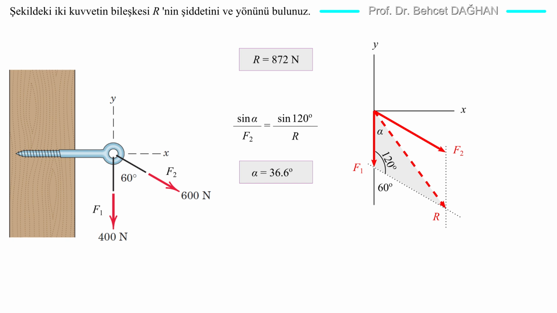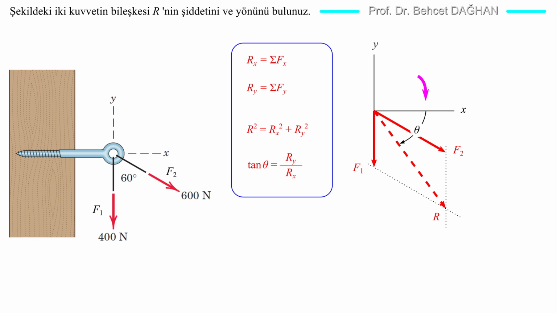The side opposite to 120 degree is also the resultant. It is equal to R, 872 Newton. We write the sine law. Sine alpha divided by F2 is equal to sine 120 degree divided by R, alpha is equal to 36.6 degree. Thus, we found the direction of the resultant.